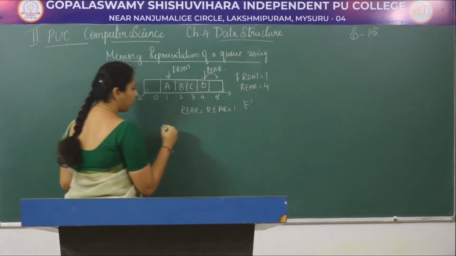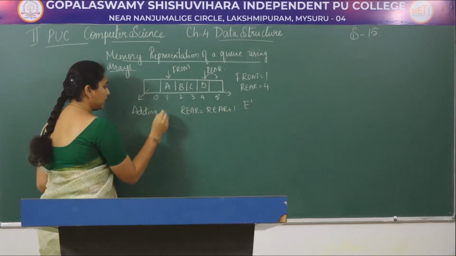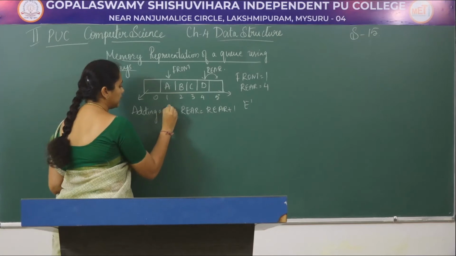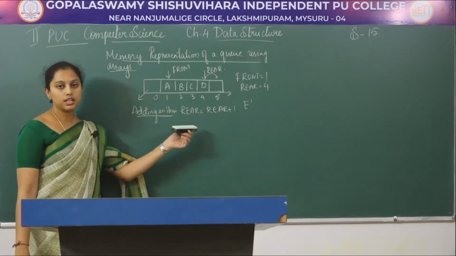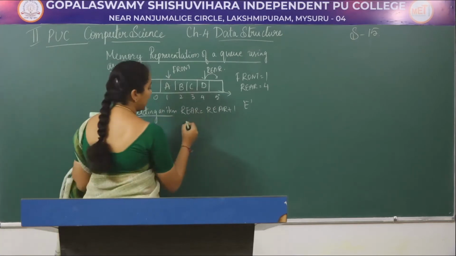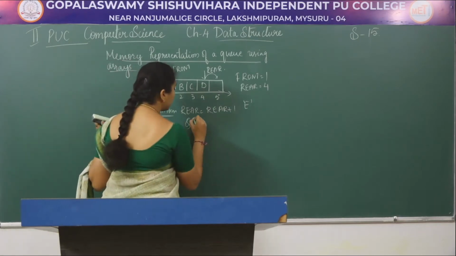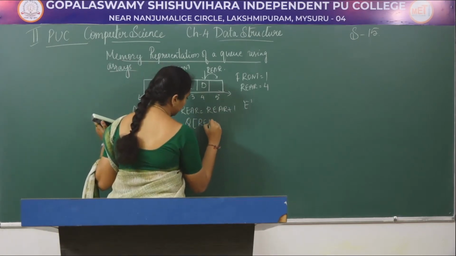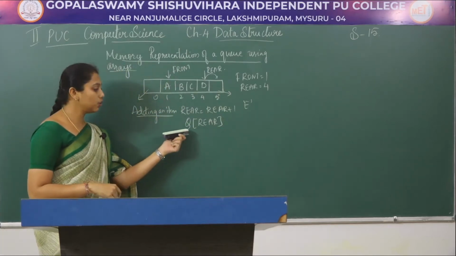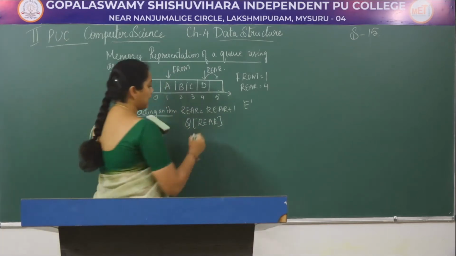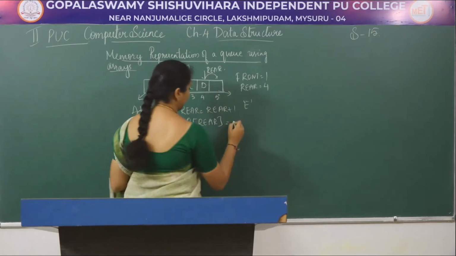So this is for adding an item into the queue. We have to increment the rear pointer, then insert an item at the rear of the queue. Here the queue is a linear array.